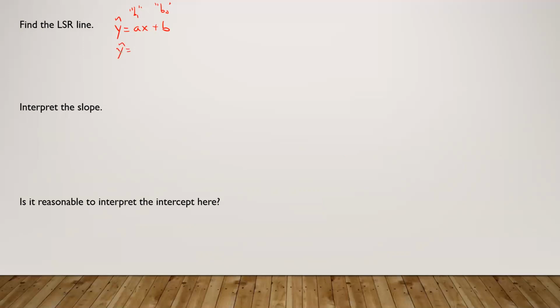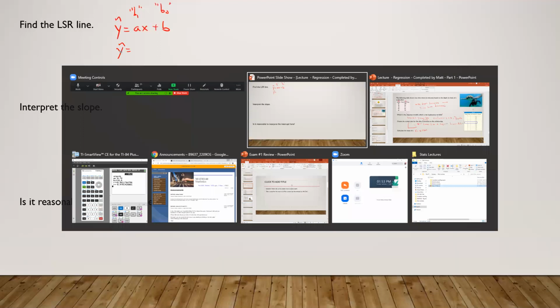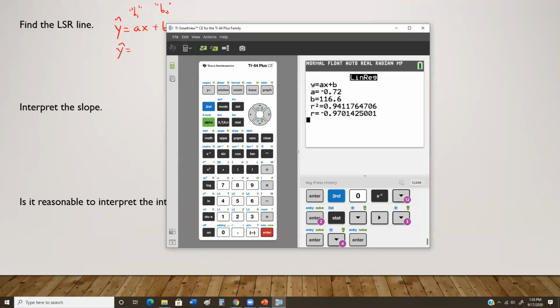So go back to your calculator now, and you should see this. Do you see right here it says a is equal to negative 0.72 and b is equal to 116.6? Everybody see that on their calculator? It's telling you the slope and the intercept right there.